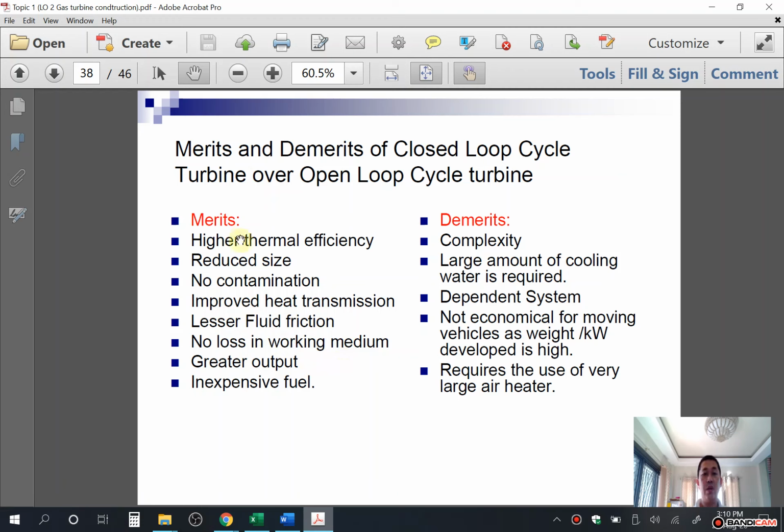So these are the merits of the closed loop cycle turbine over the open loop cycle turbine. Demerits: complexity, a large amount of cooling water is required, dependent system, not economical for vehicles, weight, kilowatt developed is high, requires the use of a very large air heater. So those are the demerits.